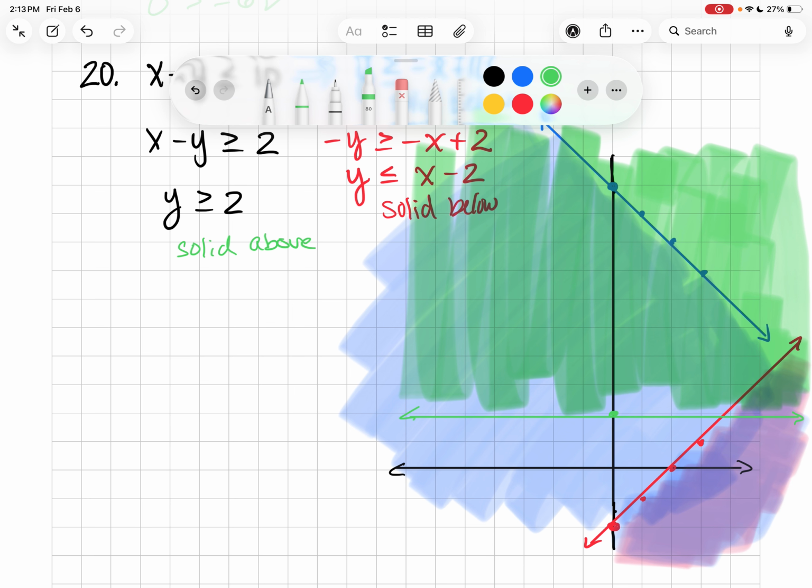So the only place where they all intersect is right over here. That little tiny corner. Technically if I had made this line come down farther, ultimately it would be this little triangle over here. I think I got it.